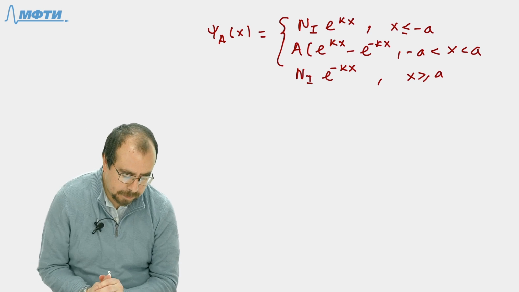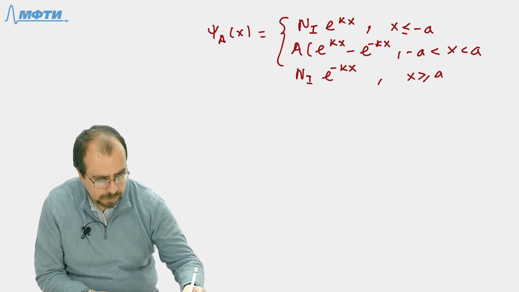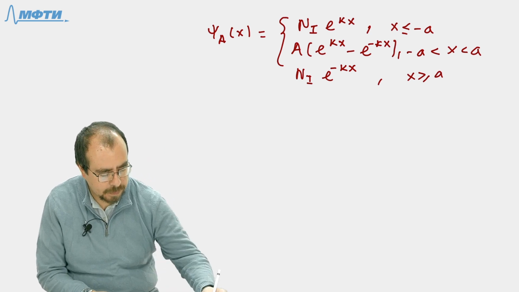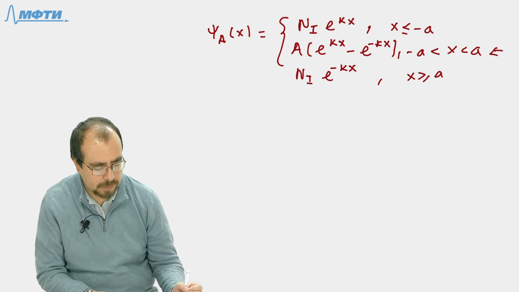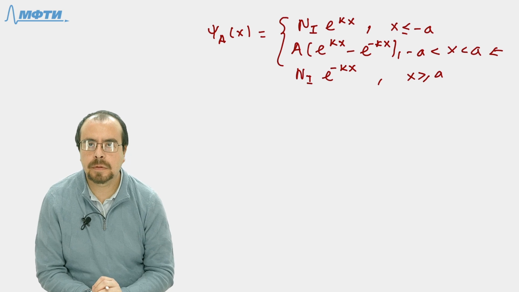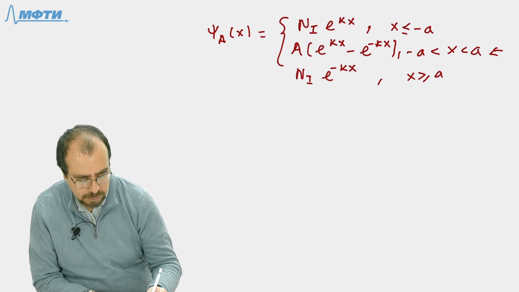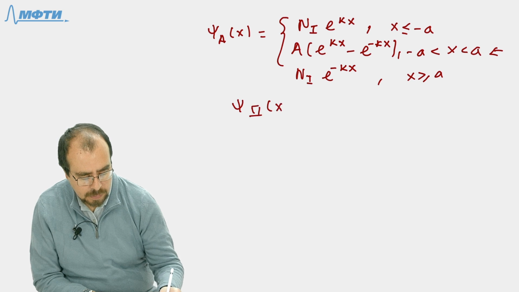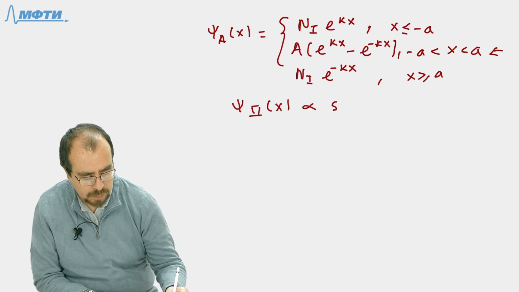Okay, so in principle, here we have a parenthesis. Also, we look for the expression in the region number 2. This will also be proportional to the hyperbolic sine of kx.